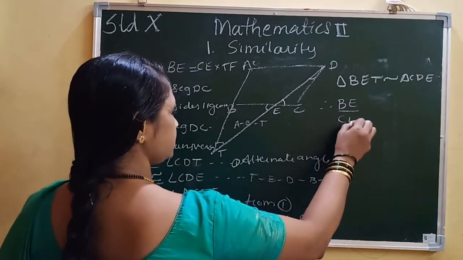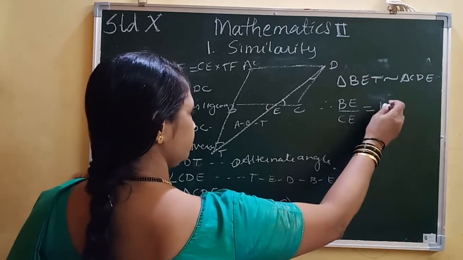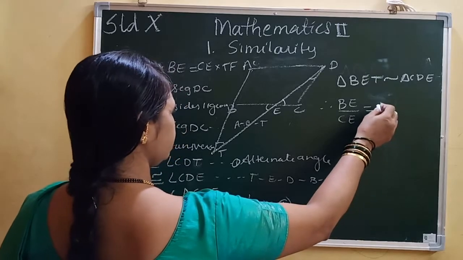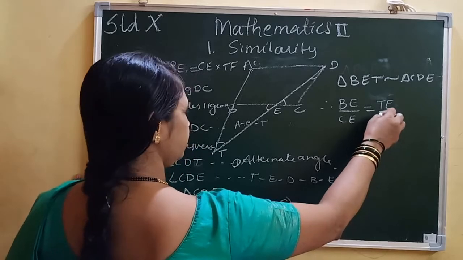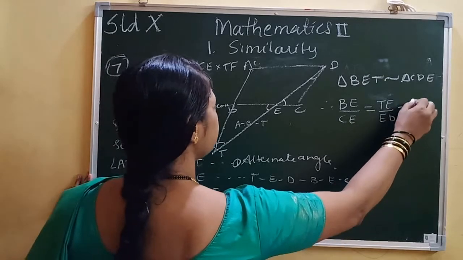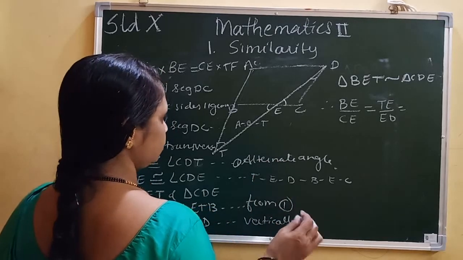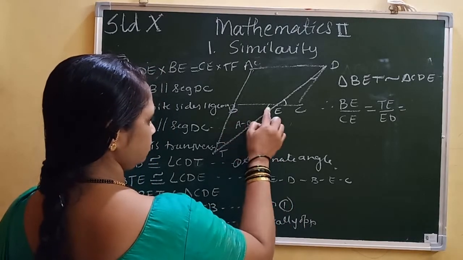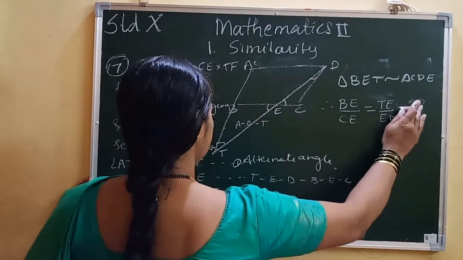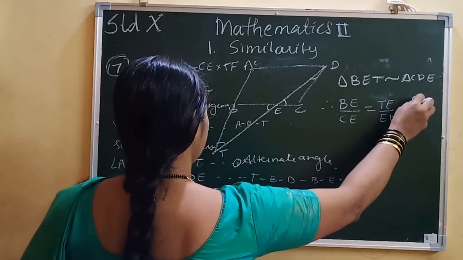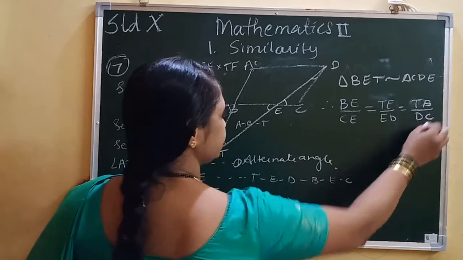BE upon CE is equal to TE upon ED is equal to CD upon TB upon DC.